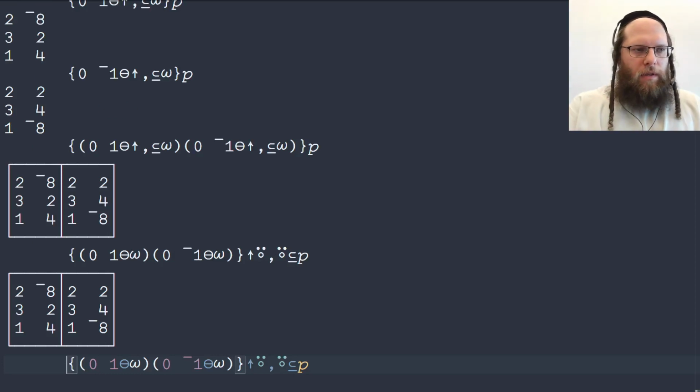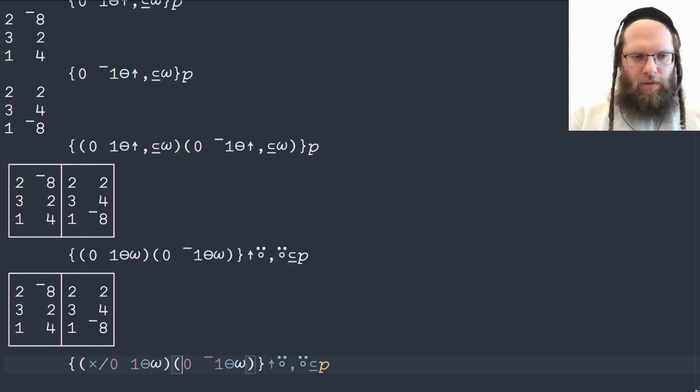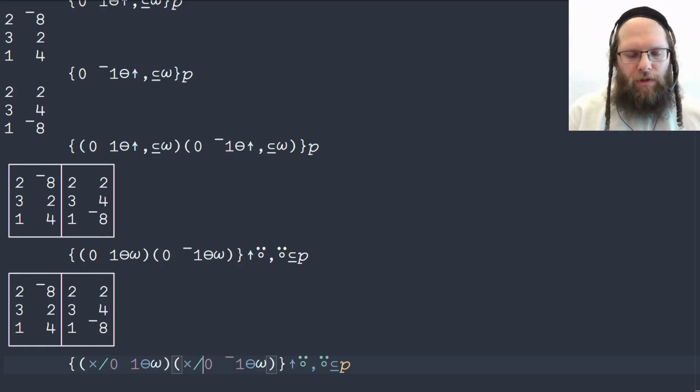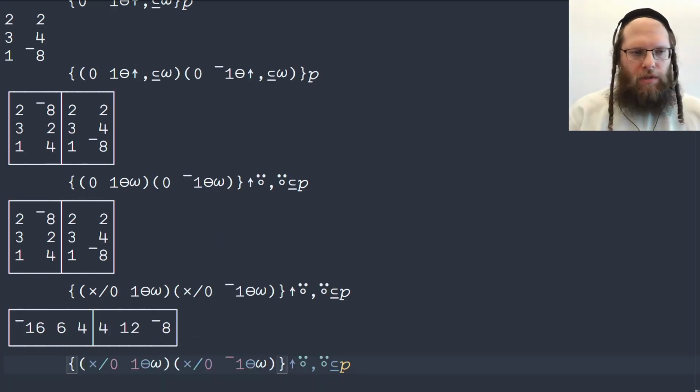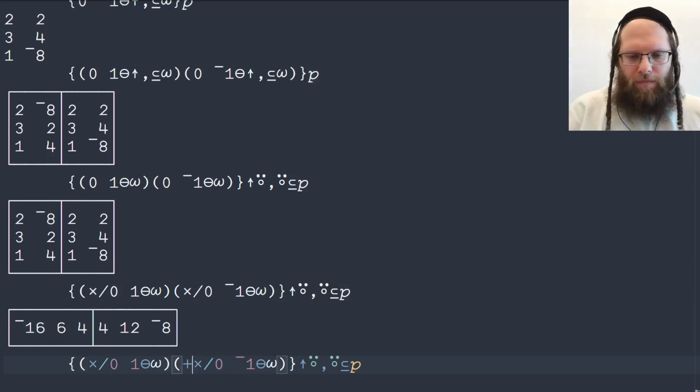Okay. The next step is that we want the products of these diagonal pairs, which are now just rows. So we can use a multiplication reduction horizontally, and that gives us these three products. So negative 16 is 2 times negative 8. Then we need to sum them.